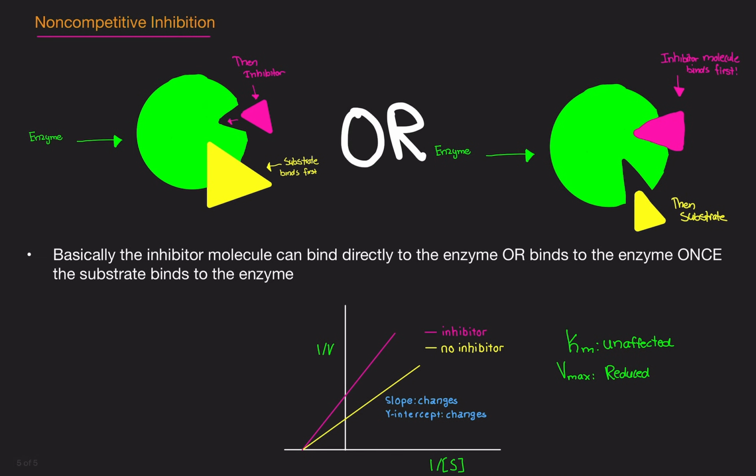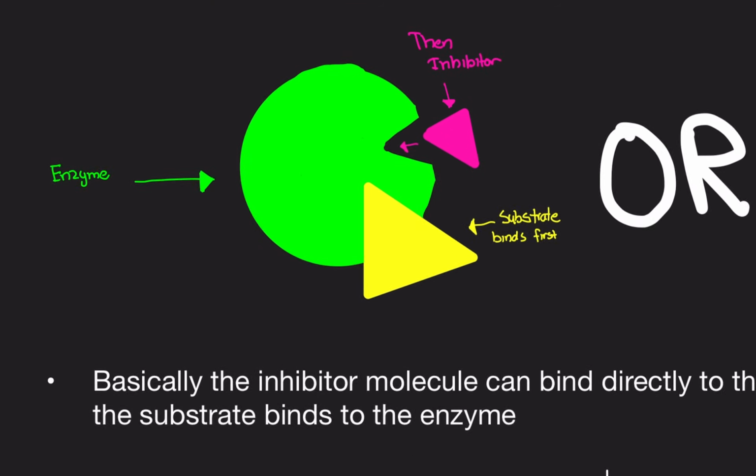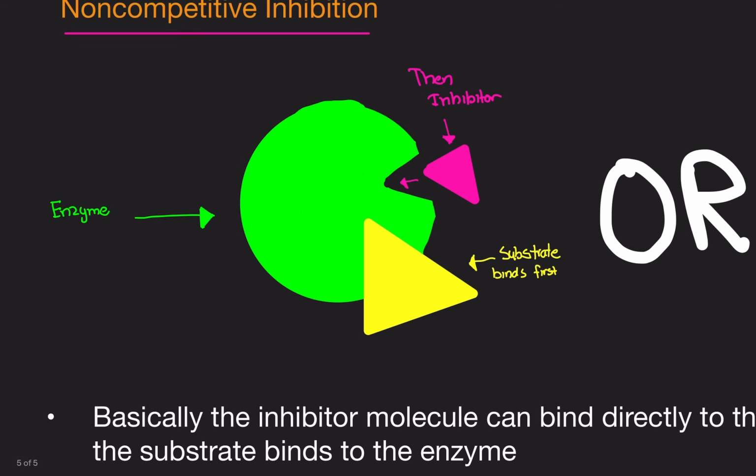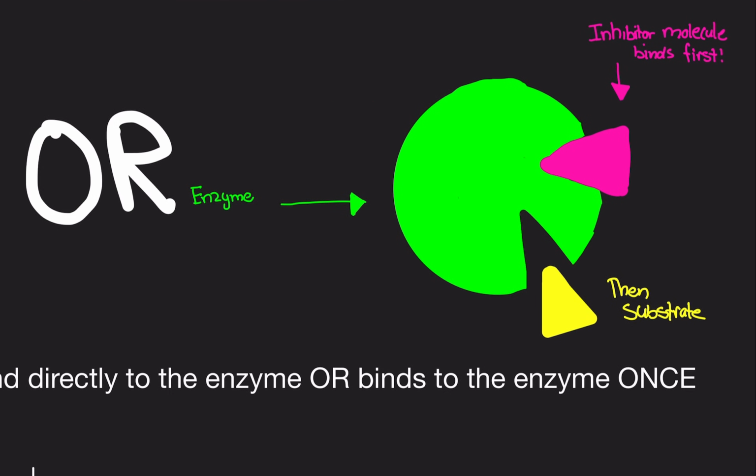So now non-competitive inhibition is a little bit different. Non-competitive is actually very similar to uncompetitive. There are 2 scenarios. Scenario 1 is exactly the same as uncompetitive: the substrate binds first, then the inhibitor. Or we can have the inhibitor bind first, and then the substrate.